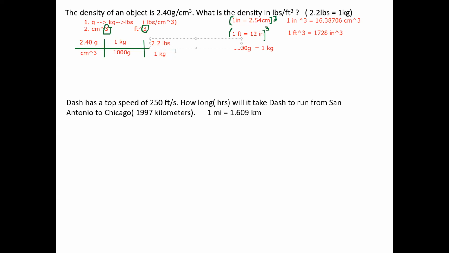So again, this is an intermediate step. So when we get our answer, we don't want to round. We want to keep 5, 6 significant figures at least in our answer.